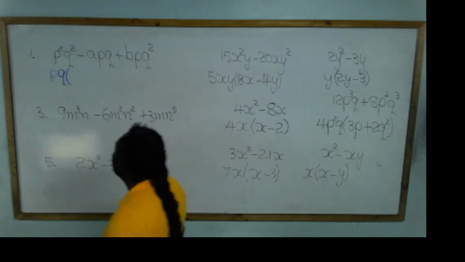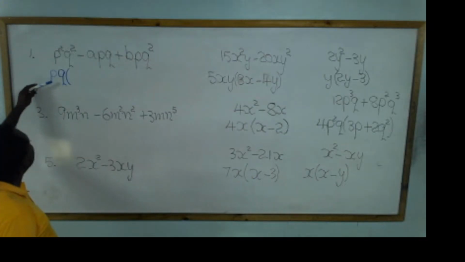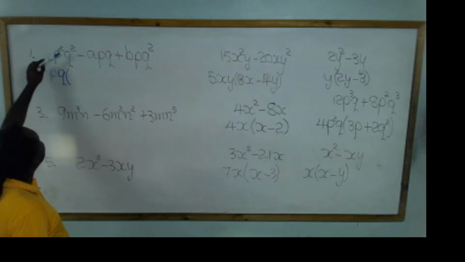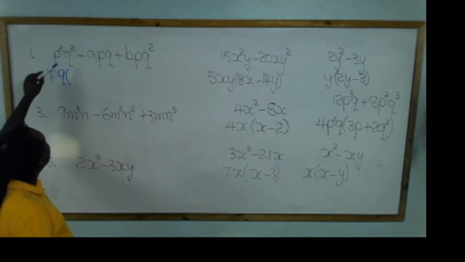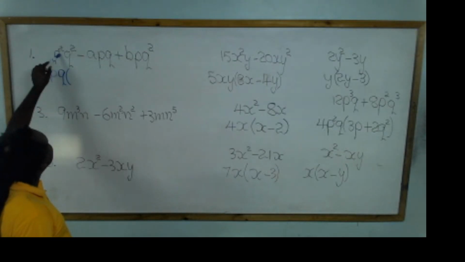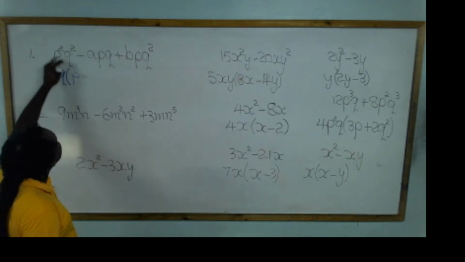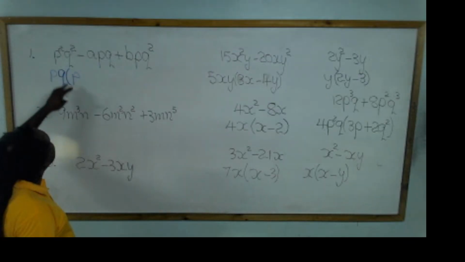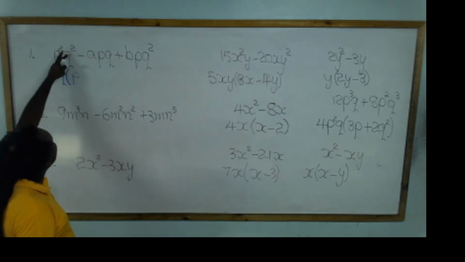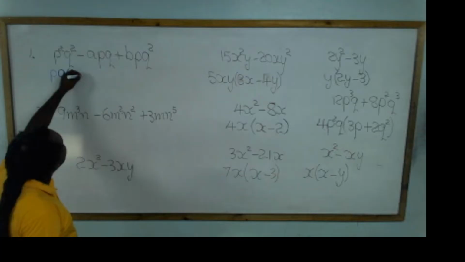Whatever I put here, when I multiply this with this, I should get this. So if I have a p squared here, we have to multiply by a p, because p times p is p squared. And if we want a q squared, q times q is q squared.